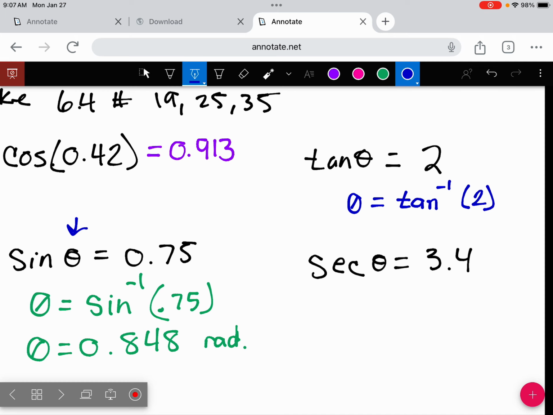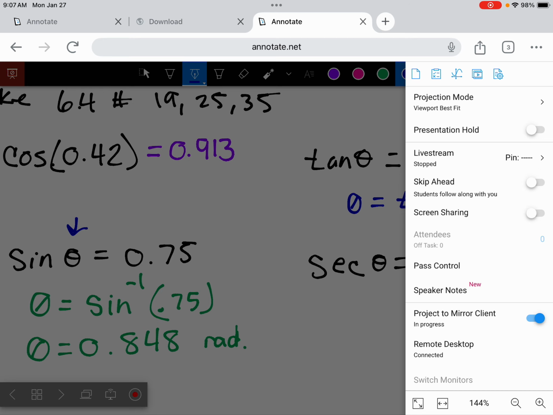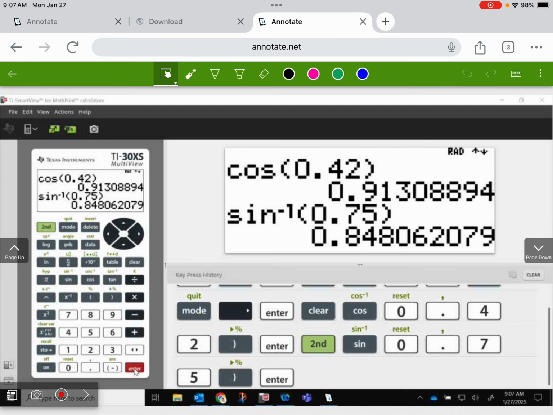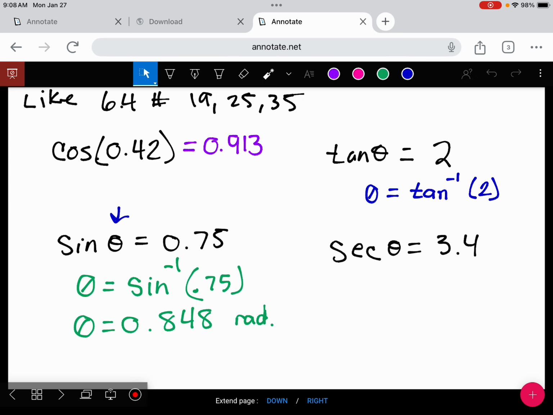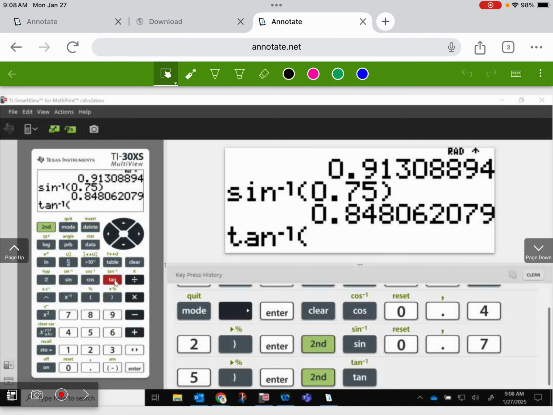I'm undoing it. So again, it's a button on the calculator. We've got our tangent button here. We can do our inverse tangent, so it untangents. So we're inverse tangenting 2.